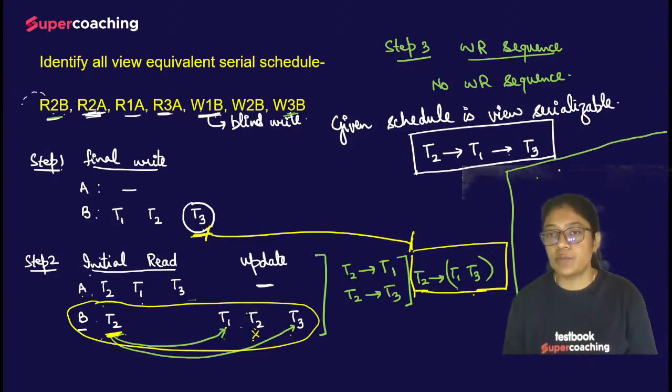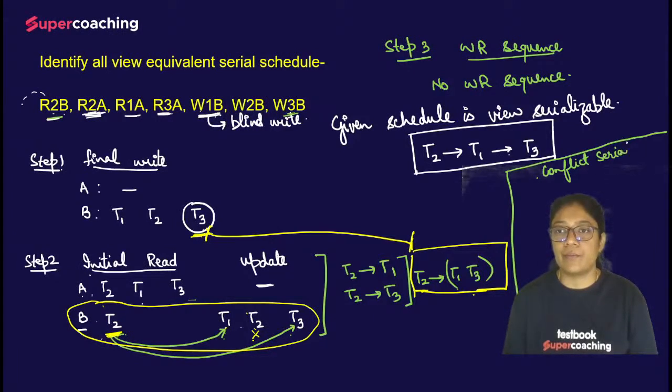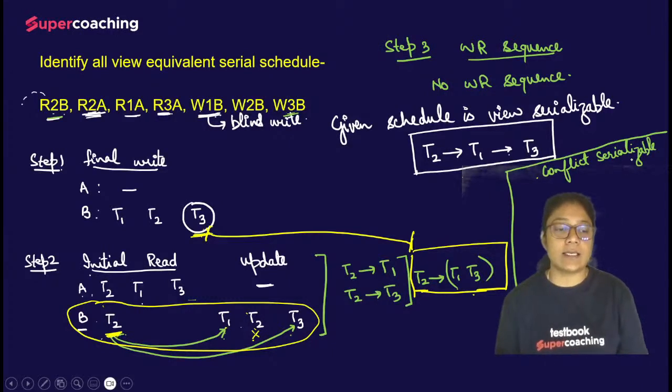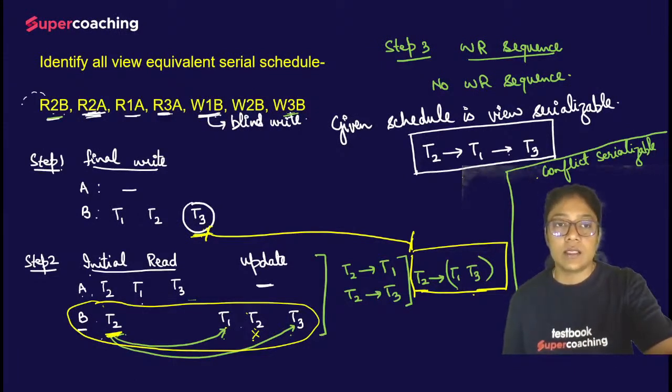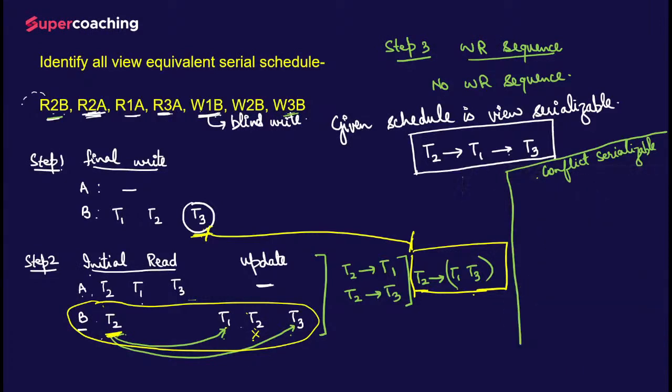I want to use the space in order to check for conflict serializable. We need to check whether the given schedule is conflict serializable or not. So what we have to do is find out all the conflict pairs. I need to hide the image for a few minutes so that we can use the space. Okay, find out the conflict pairs.